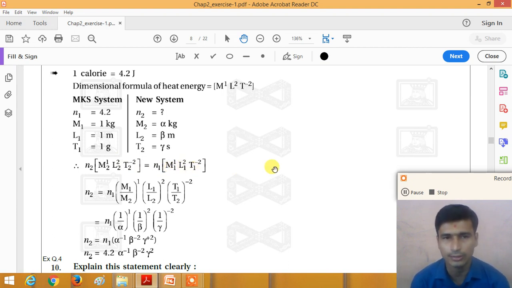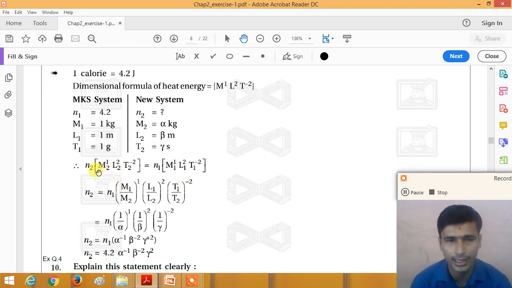So what is the constant in the new system? N2 is equal to N1. If we take M2, L2 and T2 on the other side, we get M1 by M2 raised to 1, L1 by L2 raised to 2, and T1 by T2 raised to minus 2, right?